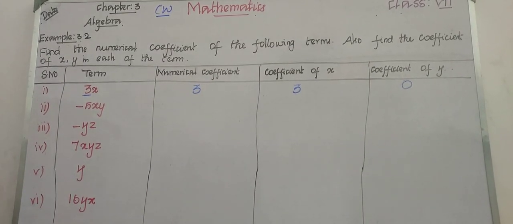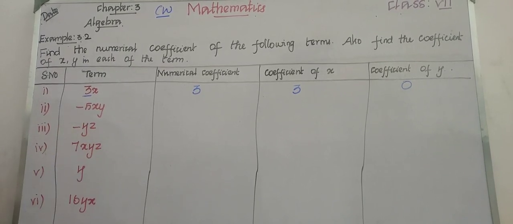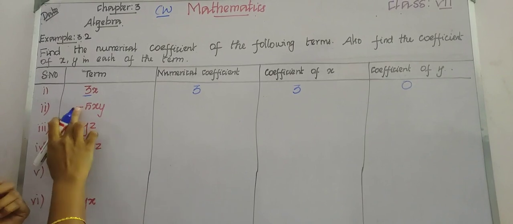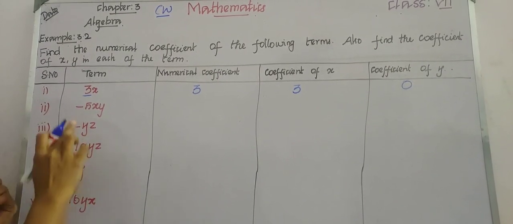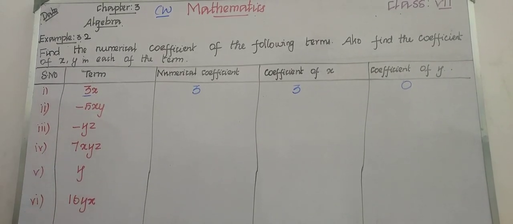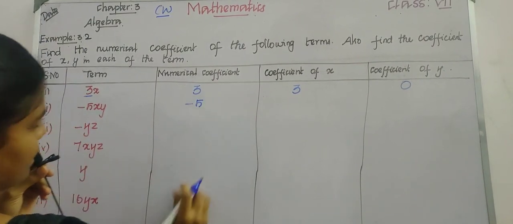Now let us see the second one, minus 5xy. So which is the numerical coefficient here? Only the number is the numerical coefficient, right? So what is the number here? Minus 5 is the number. So minus 5 is the numerical coefficient.